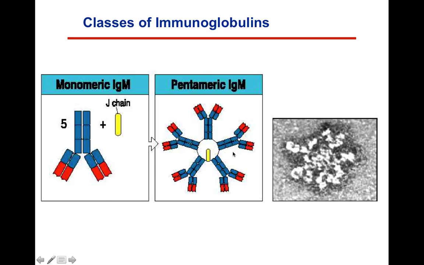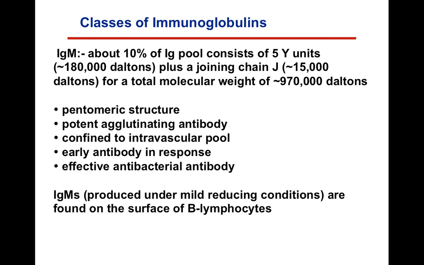And the binding sites for these antibodies at the variable regions are generally not as strong as for IgG, but because you have 10 binding sites, when they do bind to something, they bind very, very tightly.